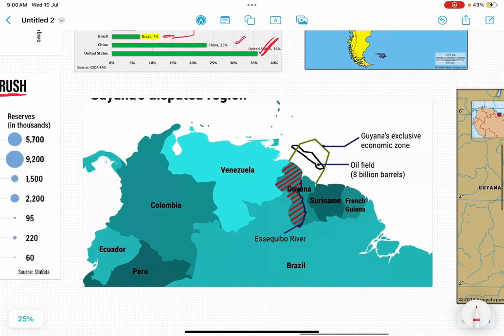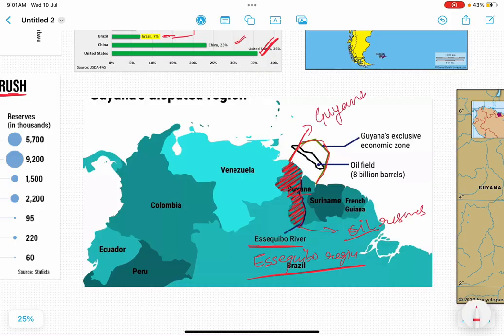So you can see this river called Essequibo River, and this region that is marked in red is also called Essequibo region. And this region is having oil fields. It has oil reserves. And even the exclusive economic zone of this region, the Guianas, this comes under Guyana.